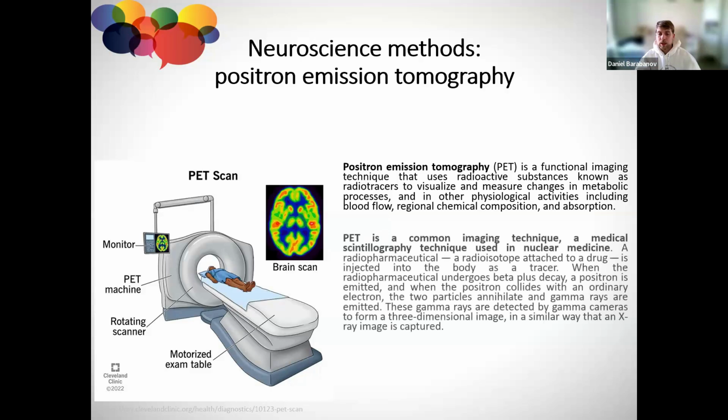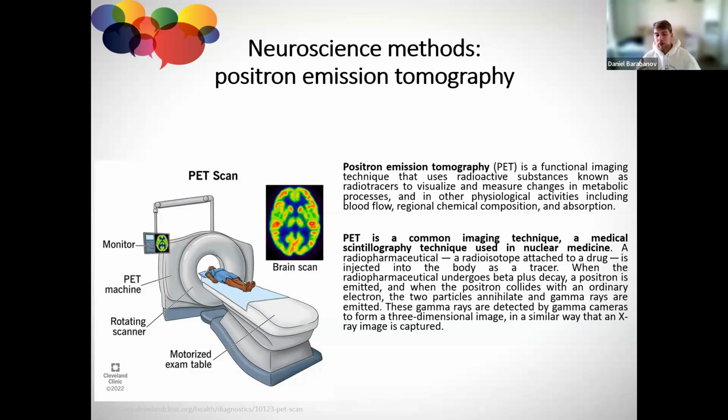So here the idea is the following. A radioactive isotope is attached to a drug which the participant drinks, or it may be injected into the body of the participant.